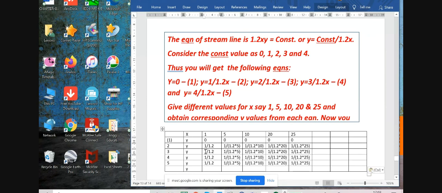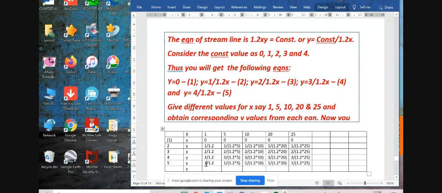So second equation here it is 2, 2, 2, 2, 2. Here it is 3, 3, 3, 3, 3.